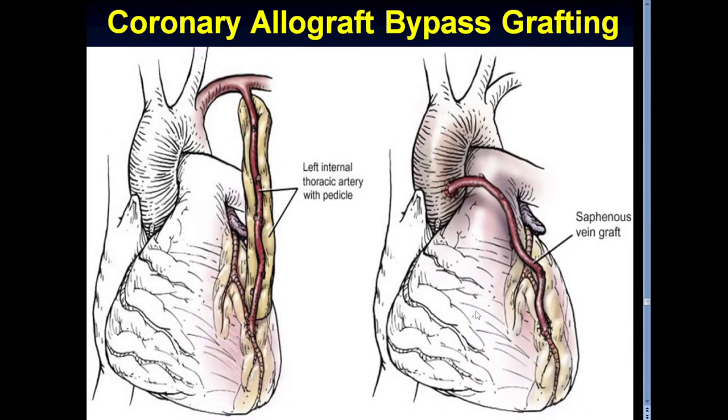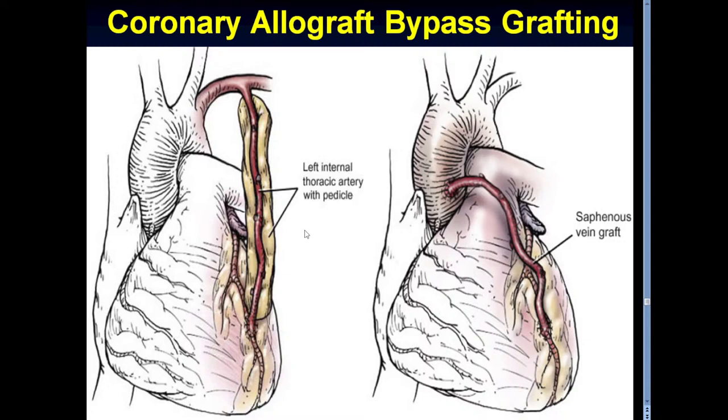Coronary artery bypass grafting. When we use the left internal thoracic artery with pedicle, we use it to perform the bypass of the most responsible artery, like the left anterior descending branch of the left coronary artery.